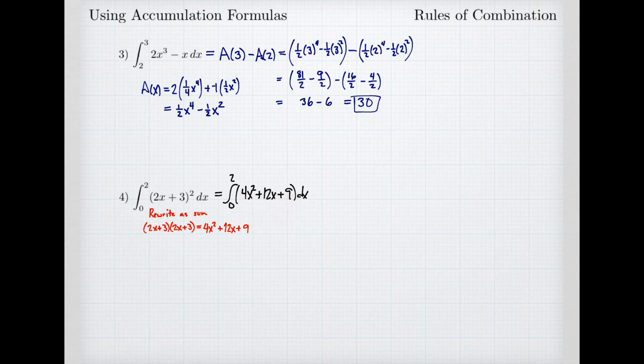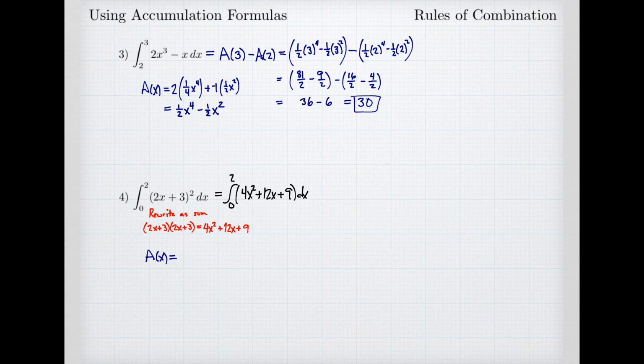And we now have that our integral is the sum of constant multiples of our basic accumulations. We can now write down the accumulation formula associated with that rate, where we include constant multiples.